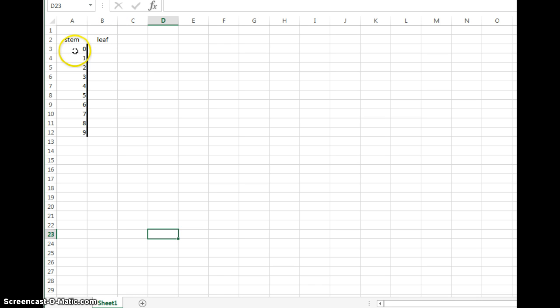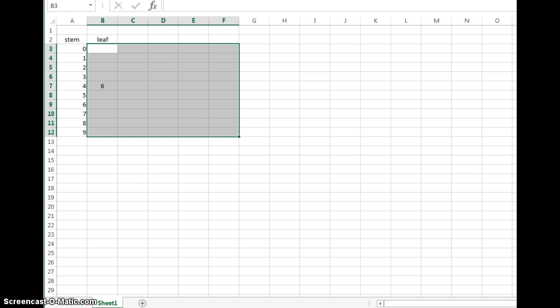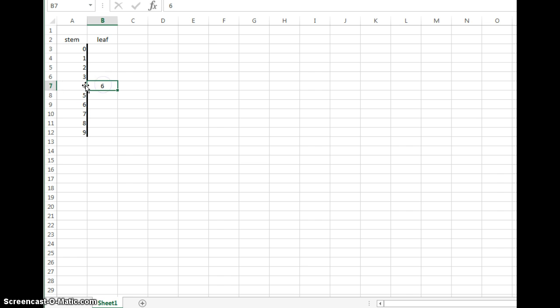But all a stem is, you break the number up, and these are 2-digit numbers. So we're going to break off the left digit for the stem, and then the leaf would be the second digit in the number. So for example, the data on page 73, 46, you'd represent it by putting it right there after the 4.